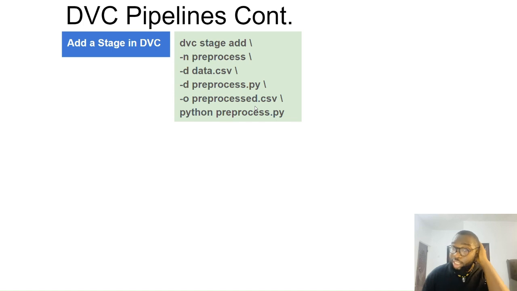So if you want to add a stage to DVC, this is what you're going to do. You put DVC stage add, and then you put the name of the stage, the dependencies, the outputs, and then the Python code that will run that stage for you. As a stage, you can reproduce that stage, and you can reproduce that pipeline also.